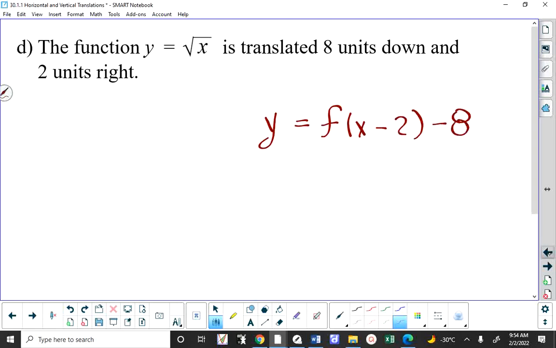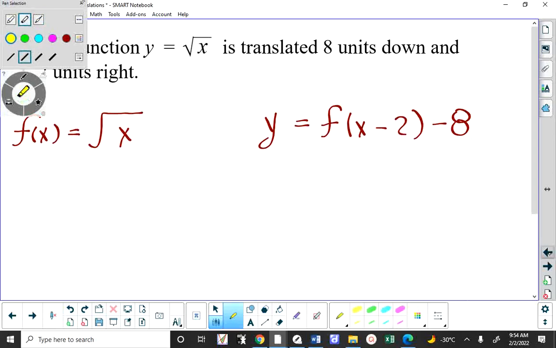Yes? In this particular case, even though it doesn't say f of x equals root x, if y equals root x, f of x equals root x. So when I say to you, what is f? F means square root.